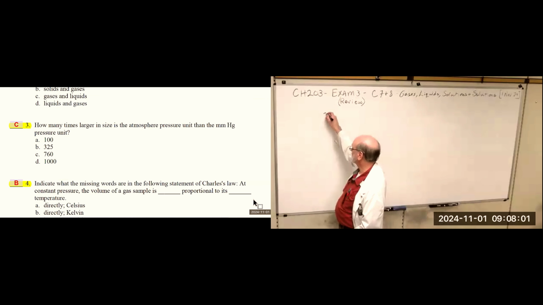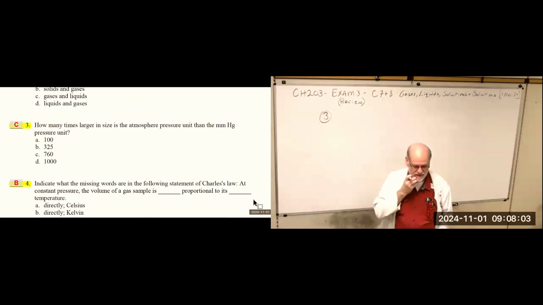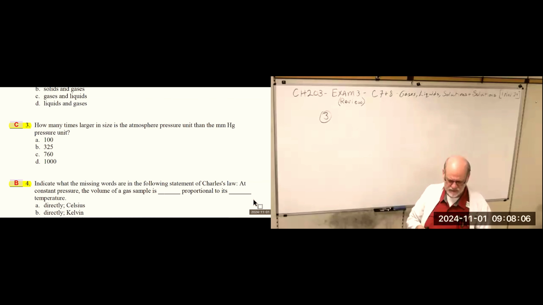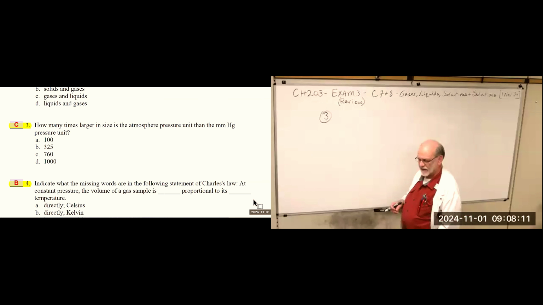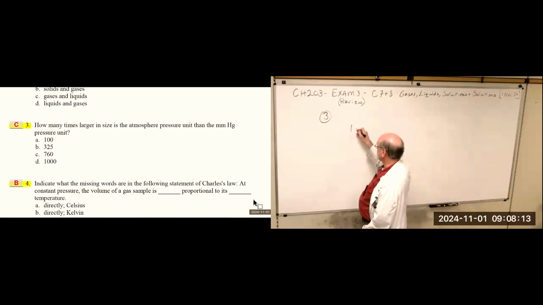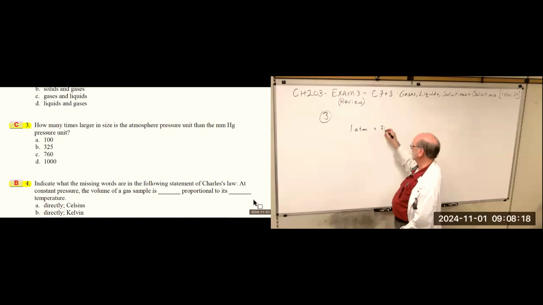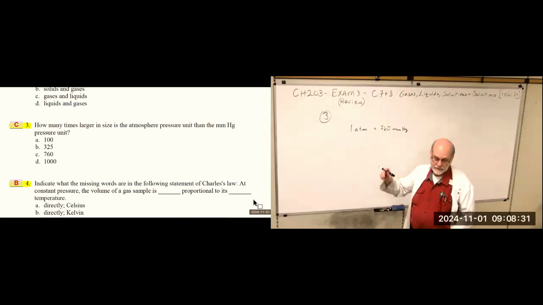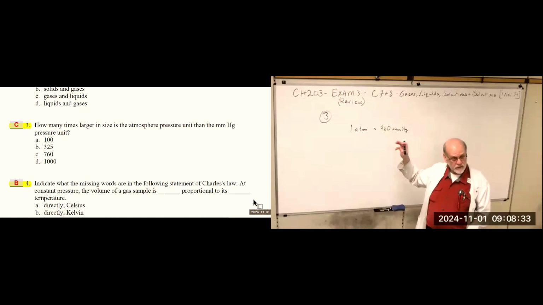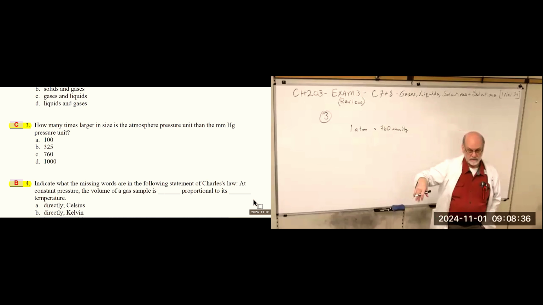How about 3? How many times larger in size is the atmosphere pressure unit than the millimeter mercury pressure unit? All right, if we say 1 atmosphere, what is that in terms of millimeters of mercury? 760. Oops. Try that again. Millimeters of mercury in terms of pressure units. All right, remember what I said, if the unit gets bigger, the number gets smaller.